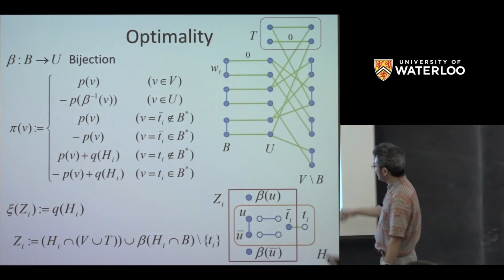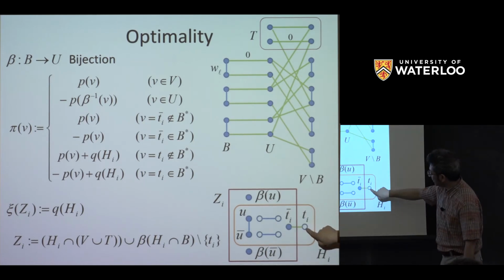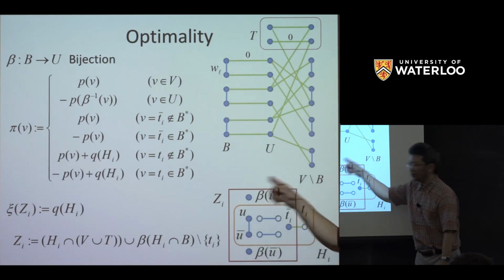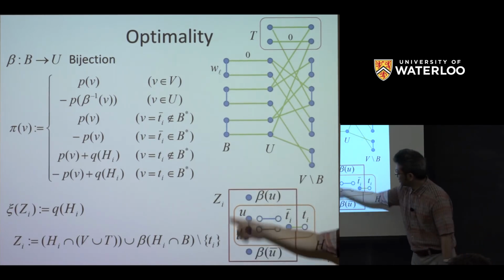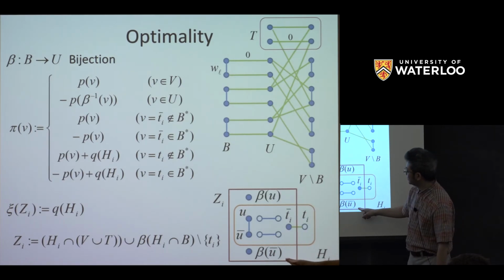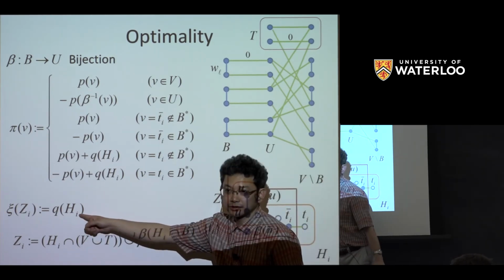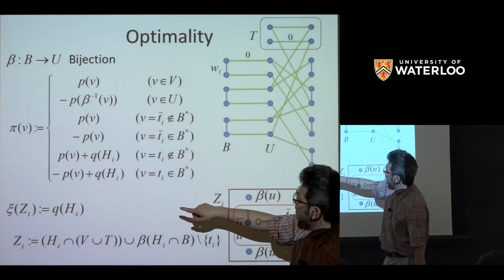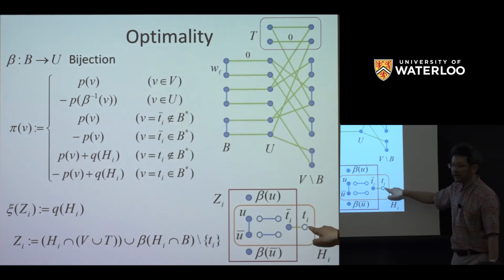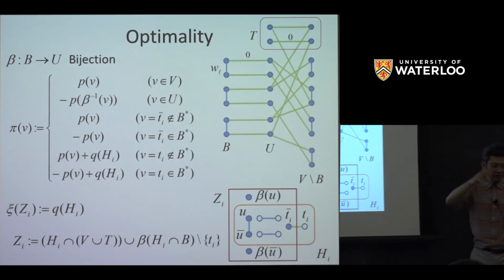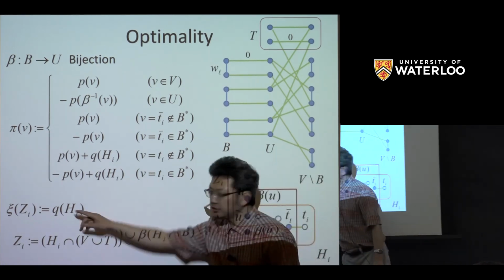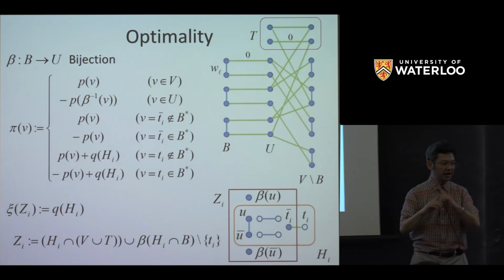And in particular, coming from this blossom, we throw this tip away and obtain this odd vertex set. Okay, and then concerning this odd vertex set, we give these blossom variables here, but we also add the same to this vertex tip. Okay, so that if you consider the dual objective value, this contribution of Q will disappear. I mean, it cancels out.